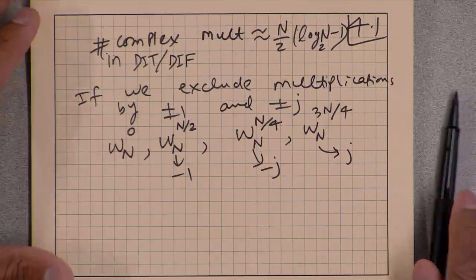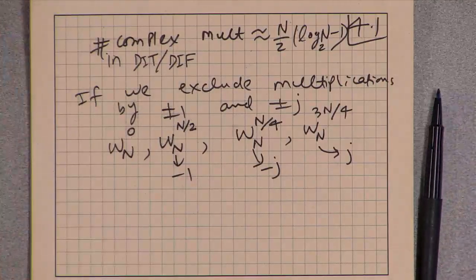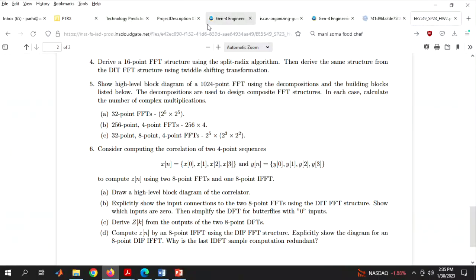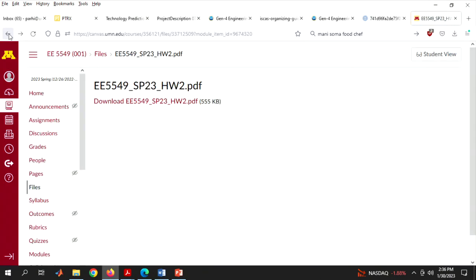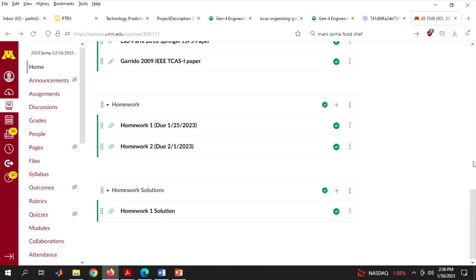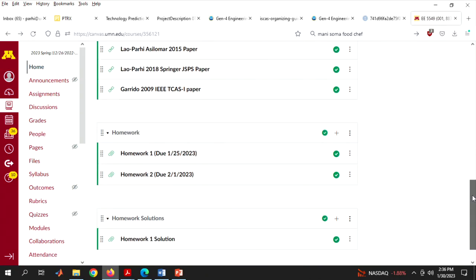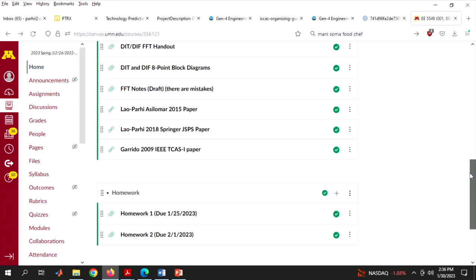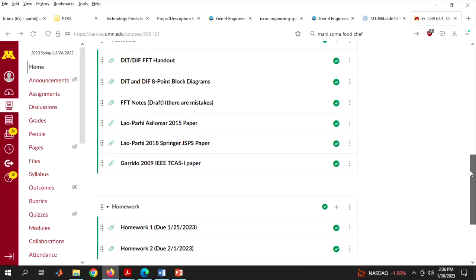So, let's take a look at what these look like. I placed a number of papers and notes from previous semester written by TA.